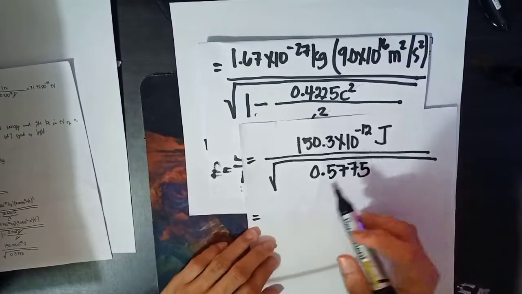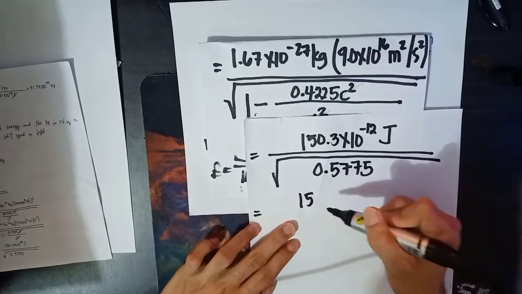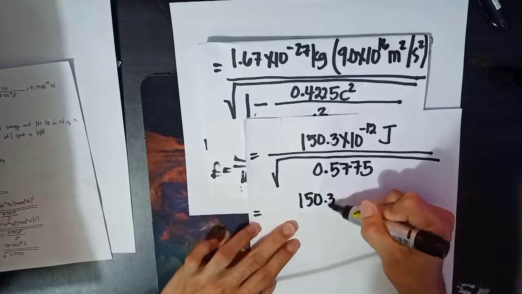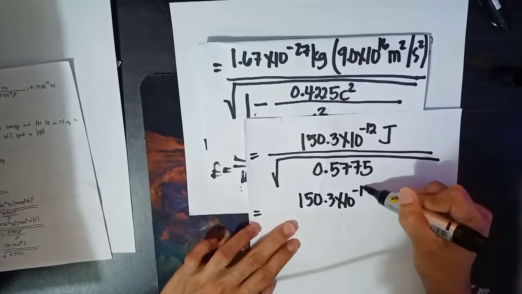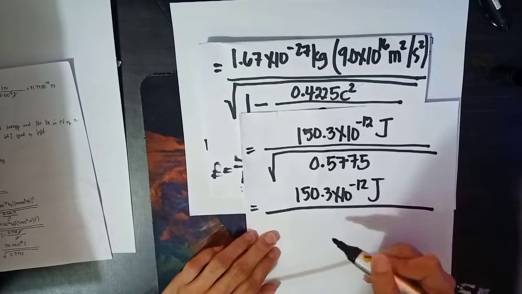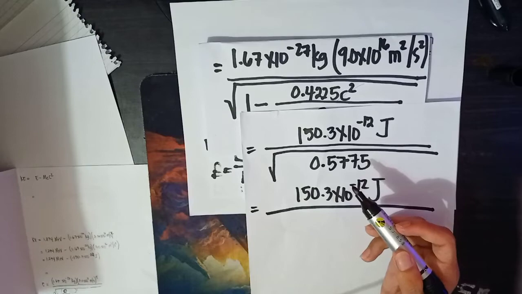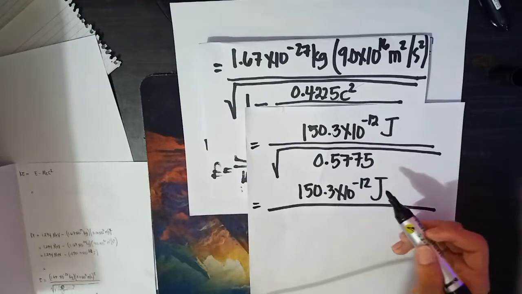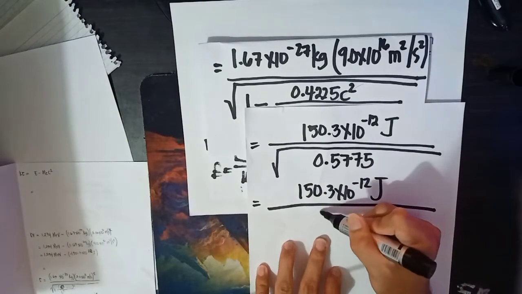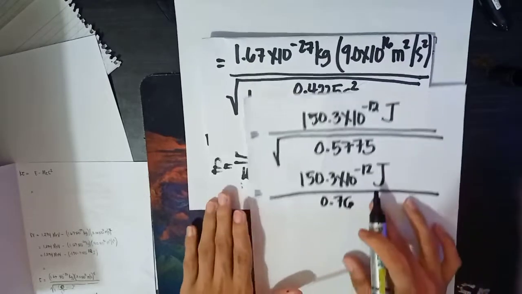So let's get the square root of 0.5775. We have 150.3 times 10 raised to the power of negative 12 joules divided by the square root of 0.5775, which is 0.76.